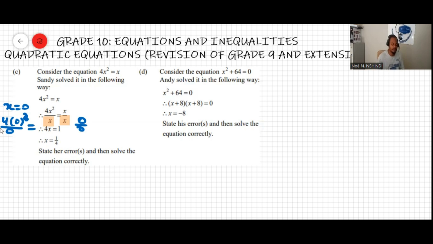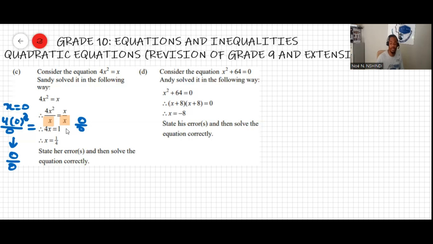This is an undefined form. It's undefined. We cannot divide by 0. That is why this step was wrong. Dividing both sides, even though x equal to a quarter is one of the solutions, is not all the solutions.